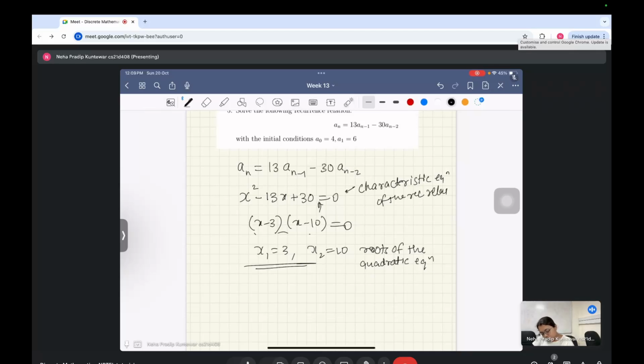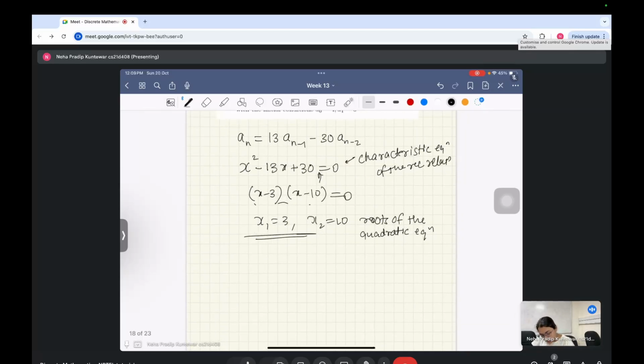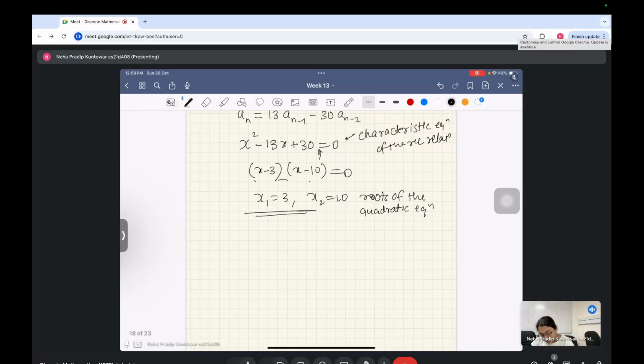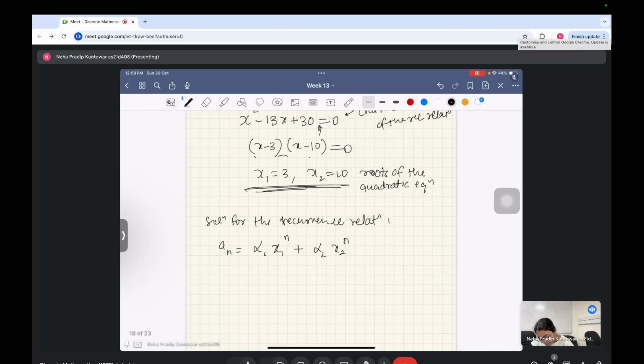Since these are the roots, we know that the solution for the recurrence relation is given by a_n is equal to alpha 1 times x1 to the n plus alpha 2 times x2 to the n, and this is nothing but alpha 1 times 3 to the n plus alpha 2 times 10 to the n from the solution that we got for x1 and x2.